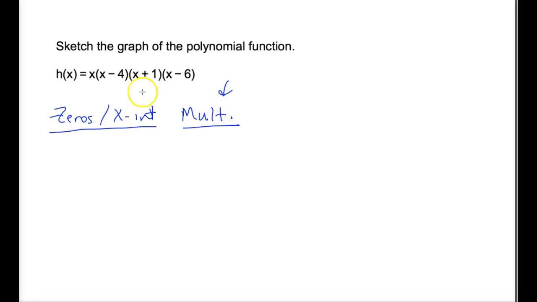If the multiplicity of a particular zero, and thus its corresponding factor, is even, then that means that the graph is tangent to, or like how I like to say, touches or bounces off of the x-axis.